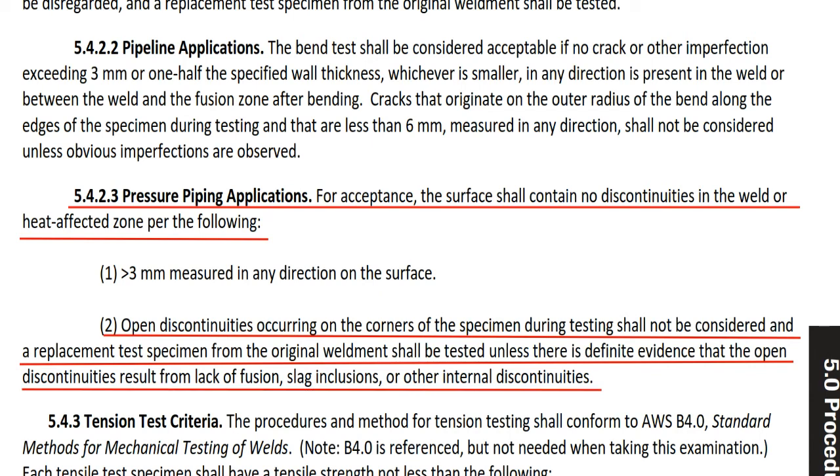Open discontinuities occurring on the corners of the specimen during testing should not be considered, and a replacement test specimen from the original weldment should be tested unless there is definite evidence that the open discontinuities result from lack of fusion, slag inclusion, or other internal discontinuities.